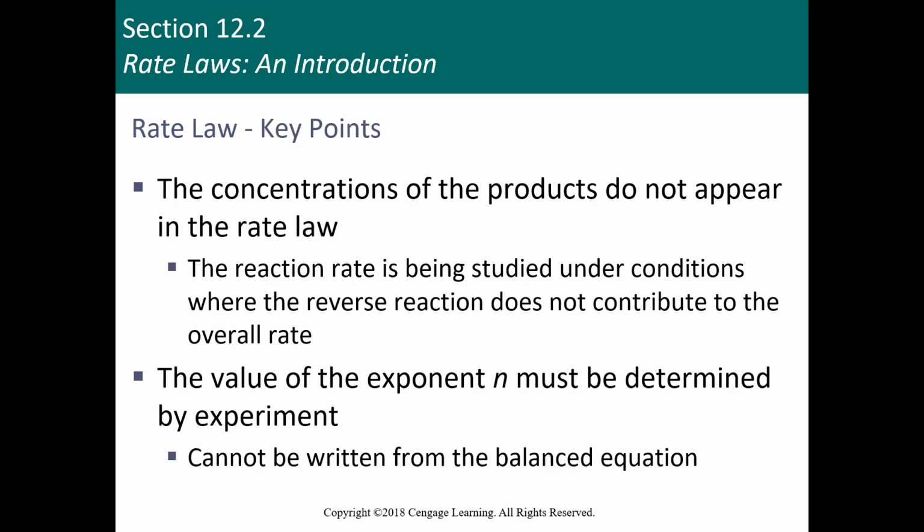All right, so the concentrations of products do not appear in your rate laws. The reaction rate is being studied under conditions where the reverse reaction does not contribute to the overall rate. So that's actually part of the definition, and thus you can never have the products showing up in these rate laws. That is a violation of the concept. The value of the exponent n must be determined experimentally. This cannot be written from the balanced equation.